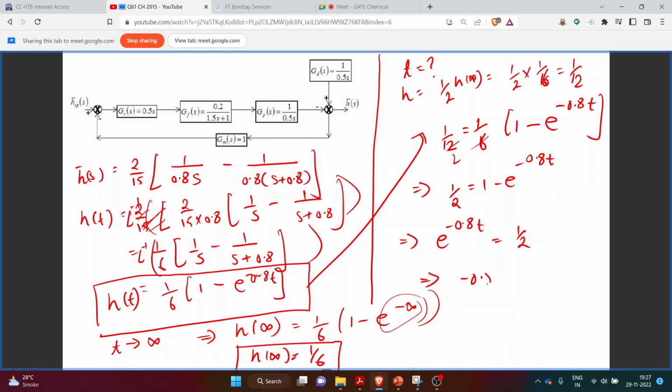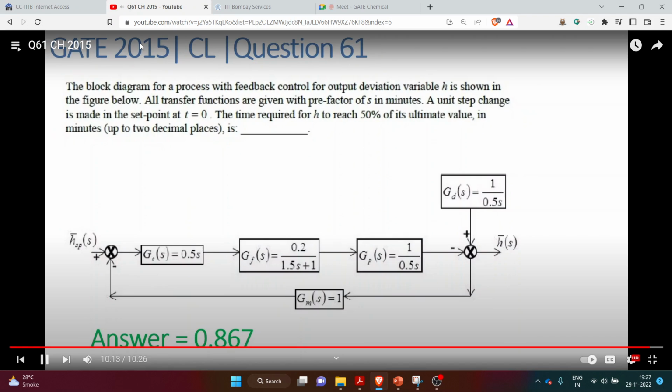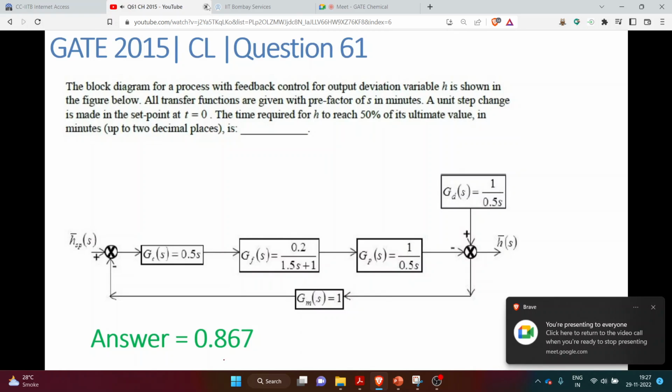So you can take log on both the sides, and it will become minus 0.8t is equal to minus 0.693, that is t is equal to 0.867. So the time taken by the system to reach 50% of the ultimate value, that is 1 by 2, will be 0.867 units. So we will write the final answer as 0.867.